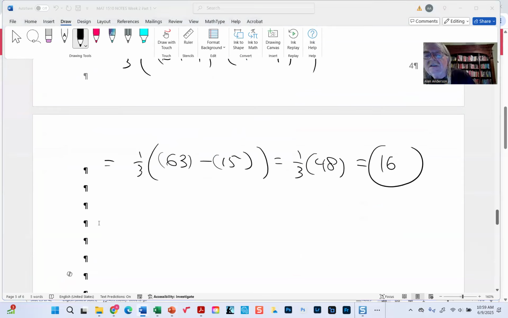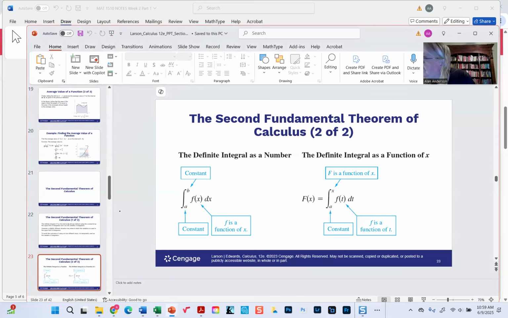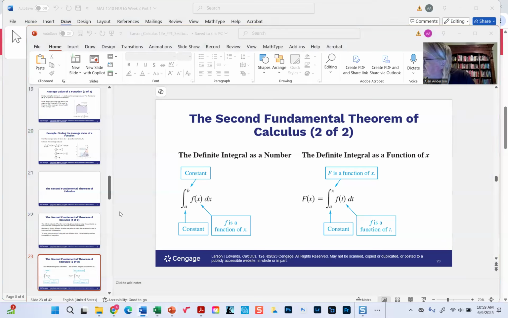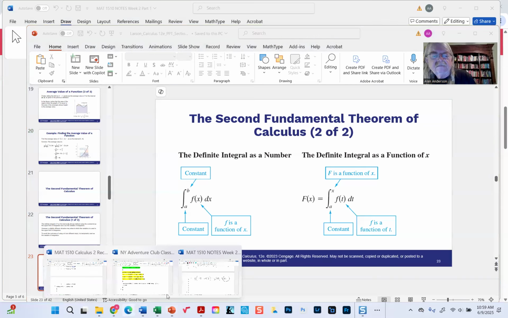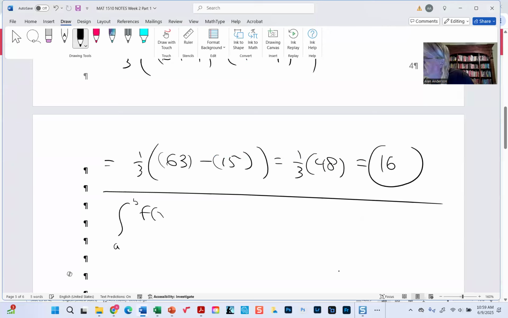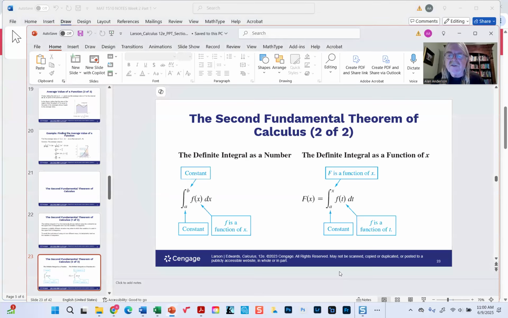In other words, we know this approach. So here you're solving for a specific value, and over here, instead, we're looking for a function.